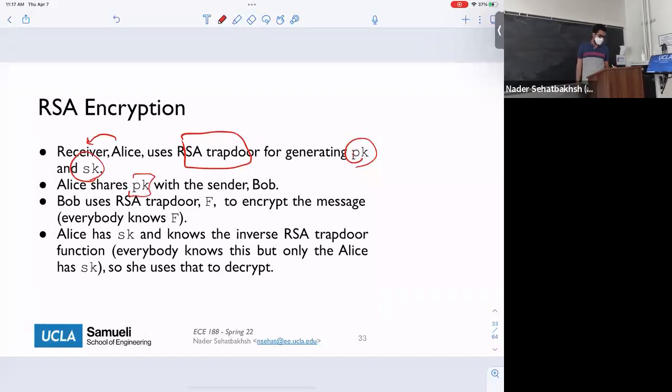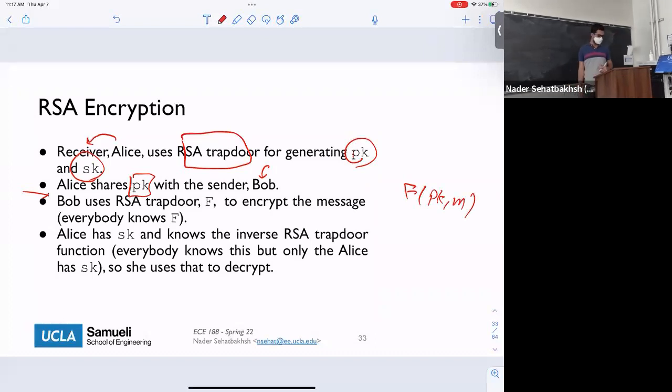She's going to share her public key with the outside world, including the sender, Bob. Bob is going to use the RSA trapdoor function F and Alice's public key to encrypt the message. So he's going to use F with the public key and the message. This is the message that Bob wants to send to Alice.